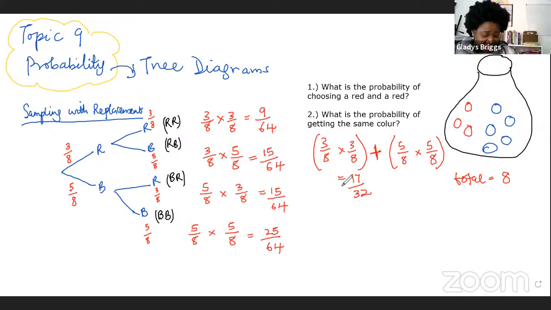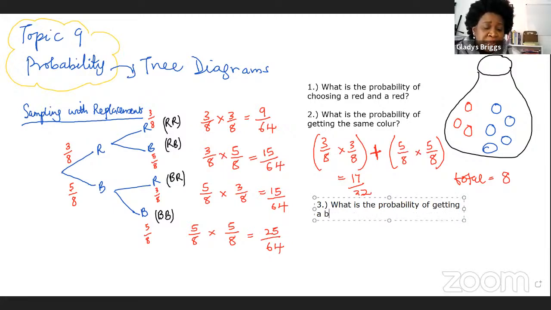Now, question 3, it may say something like, what is the probability of getting a blue in the second draw?